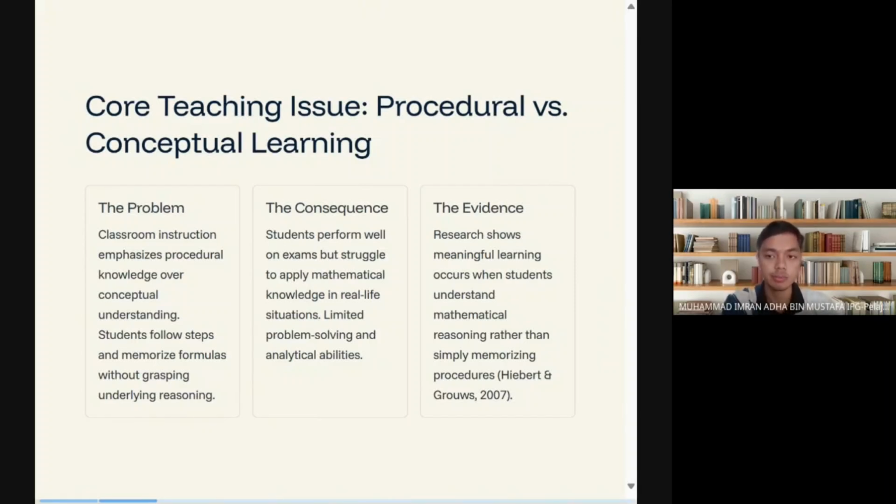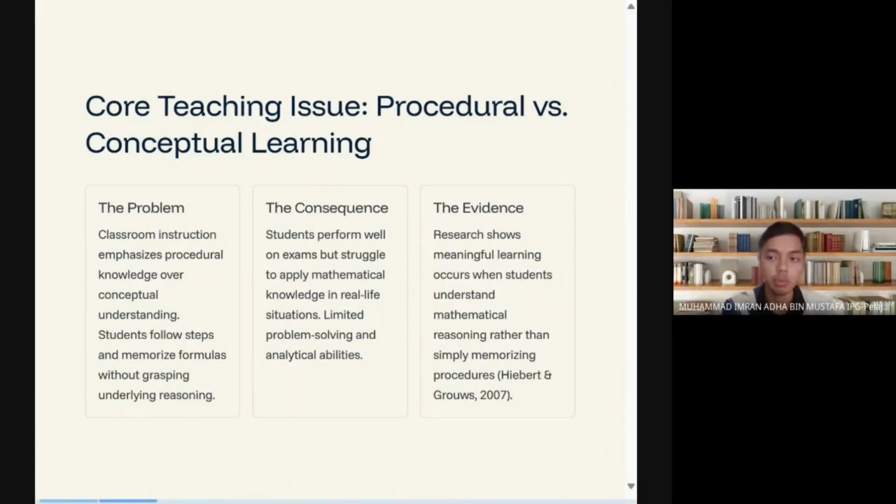One of the major issues in mathematics teaching is that classroom instruction frequently emphasizes procedural knowledge over understanding. In many classrooms, students are taught to follow steps or formulas in order to obtain the correct answer.